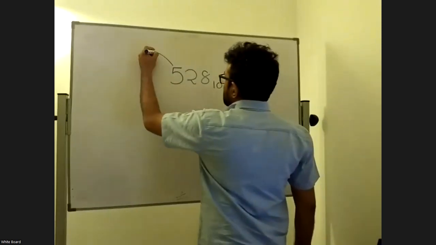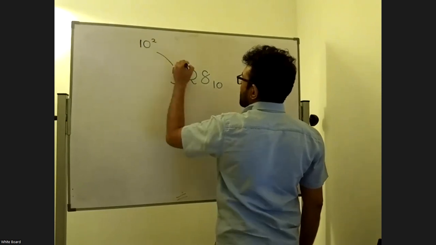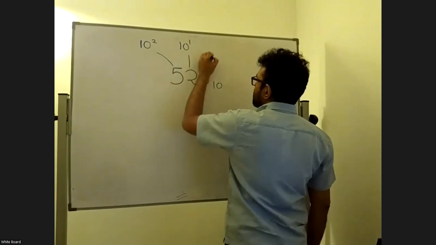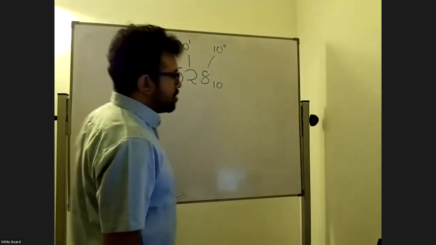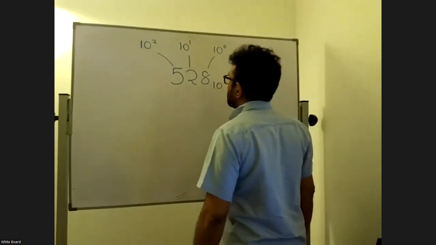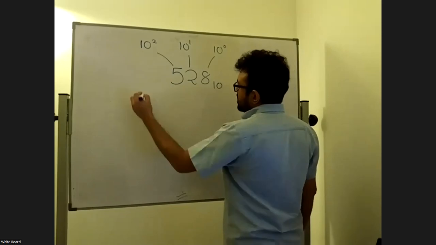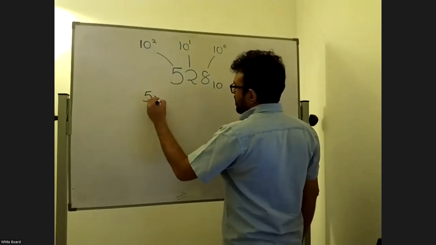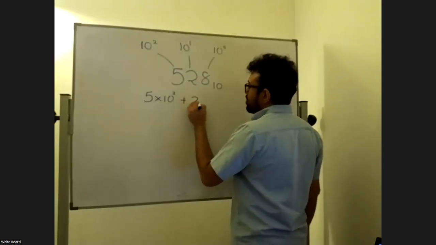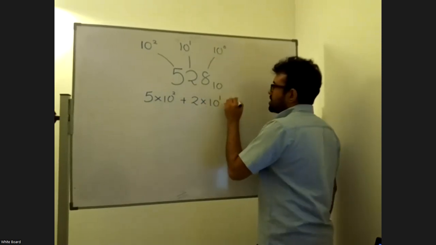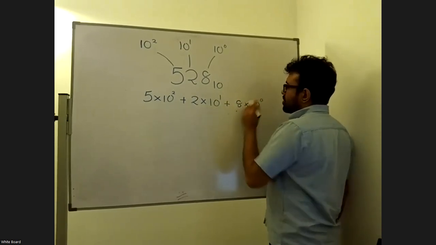First of all, what you should know is this has 10 to the power 2 place value, 10 to the power 1 place value, 10 to the power 0 place value. These are the place values that we have. Now, this means 5 multiplied by 10 to the power 2, plus 2 multiplied by 10 to the power 1, plus 8 multiplied by 10 to the power 0.